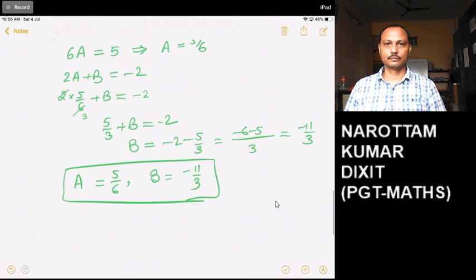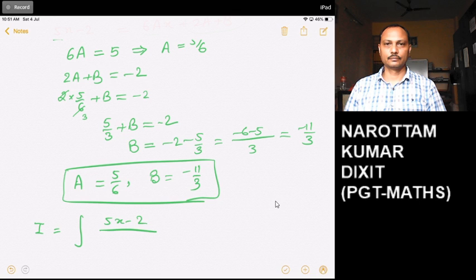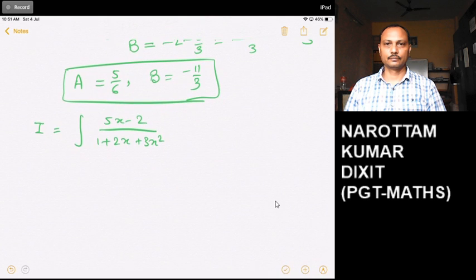The question was integration of 5x minus 2 divided by 1 plus 2x plus 3x square. We have changed the numerator, replaced by this quantity. 5x minus 2 can be replaced by a times d over dx of 1 plus 2x plus 3x square, plus b, and we have the values of a and b.